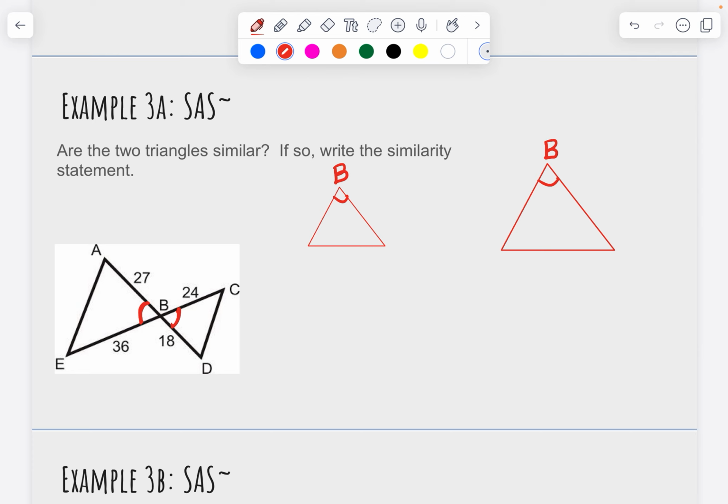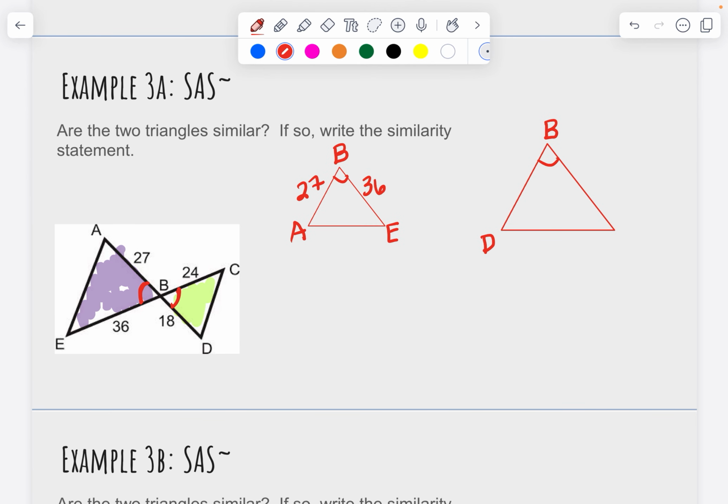And then if I look at my triangle over here, I know the shorter side goes between A and B, so that's going to be 27, and then this will be E, and that's 36. And then on my other triangle, the shorter side is between B and D, which is 18. And then the longer side is between B and C, which is 24.